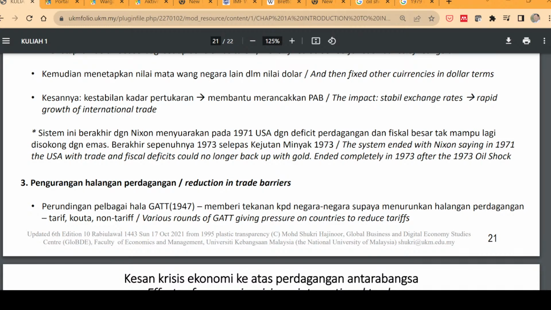Bi is two, a bilateral relation, Malaysia and China. Bilateral, trilateral.